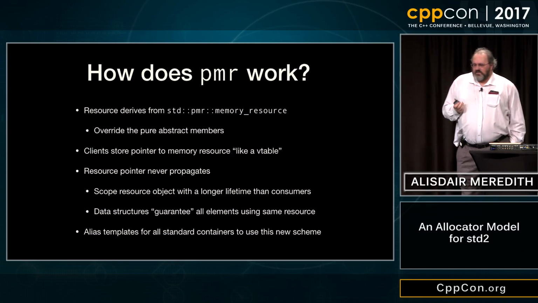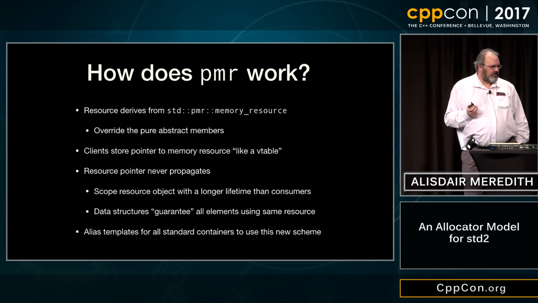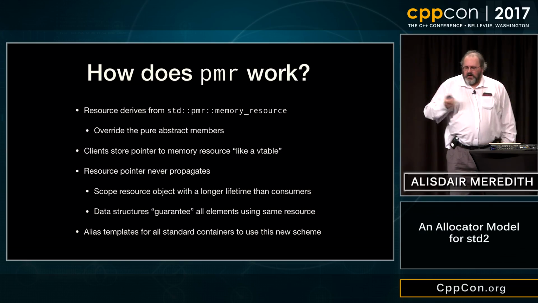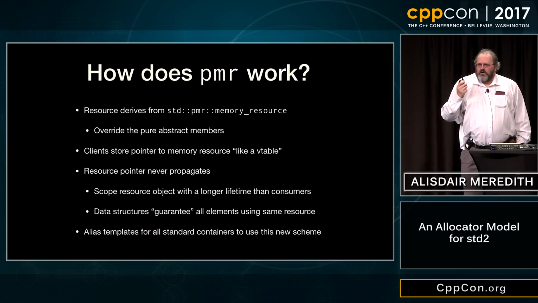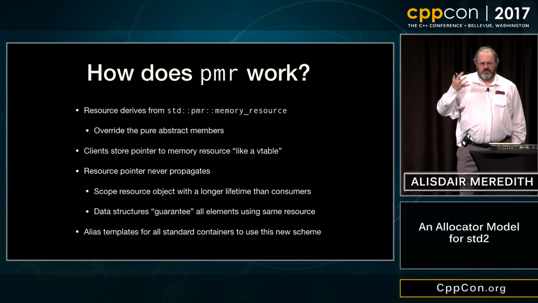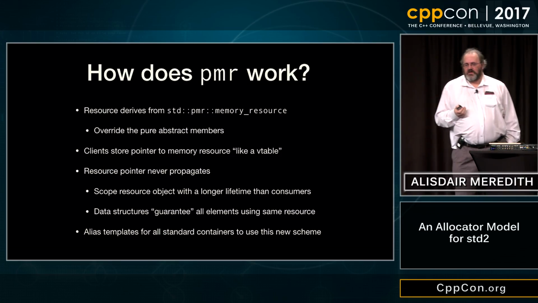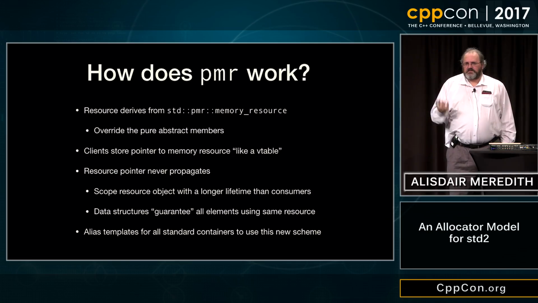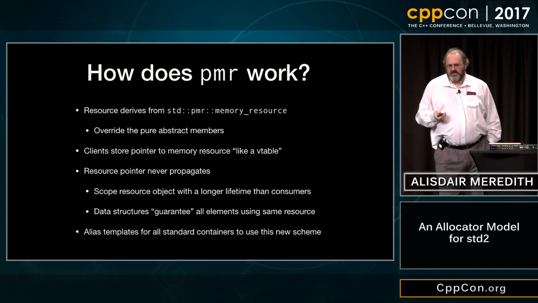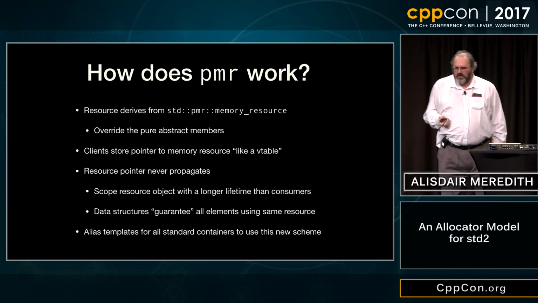So how does the polymorphic memory resource system work? We have a basic abstract base class, std::pmr::memory_resource, that provides a basic interface for allocating and deallocating memory. I've got that on the slide to come.